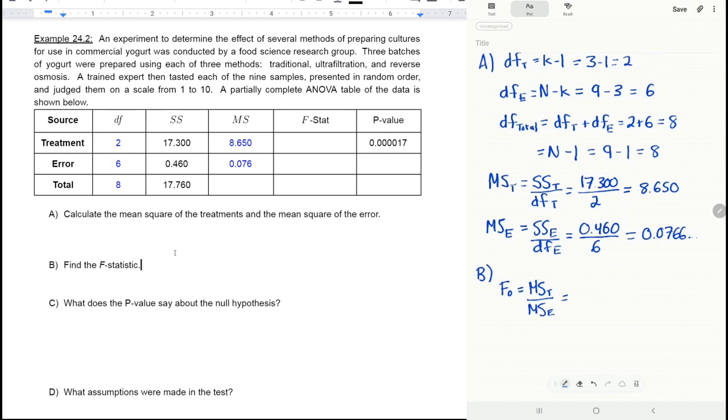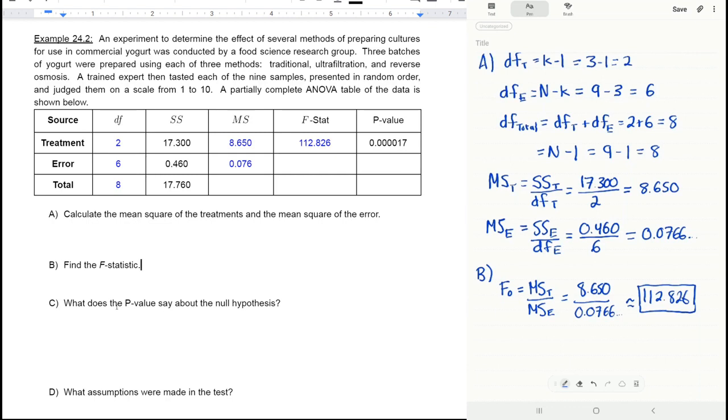So we have 8.650 divided by 0.0766, and our F statistic is 112.826. Let's fill this in our table as well. And so now we have our complete ANOVA table.